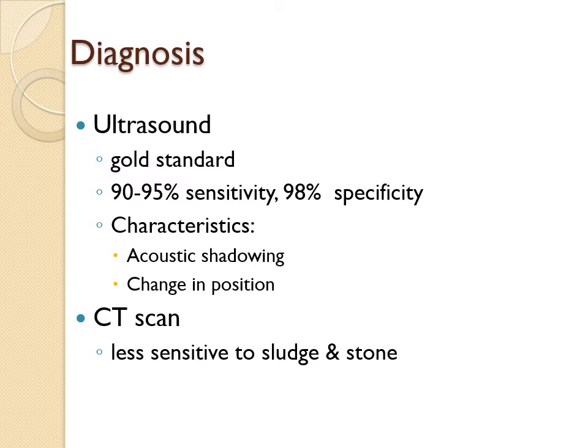Usually gallstones would change or shift in position as compared to gallbladder polyps. So this characteristic is very important for you to differentiate polyp from gallstones. Now, CT scan can also be done, but it is less sensitive to sludge and stone, and it is also more expensive.